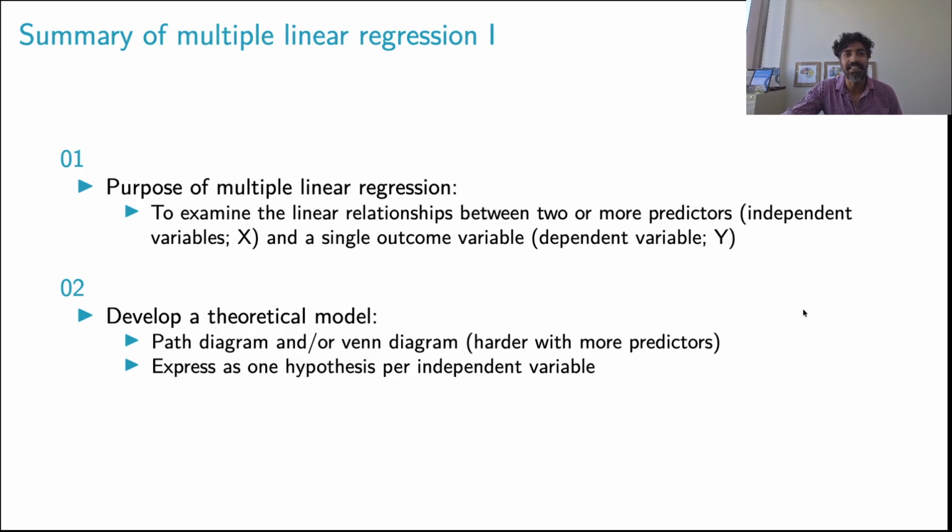So the summary of multiple linear regression is sort of twofold. The purpose of multiple linear regression is to examine the linear relationships between two or more predictors, which are your independent variables, and a single outcome variable, which is your dependent variable.